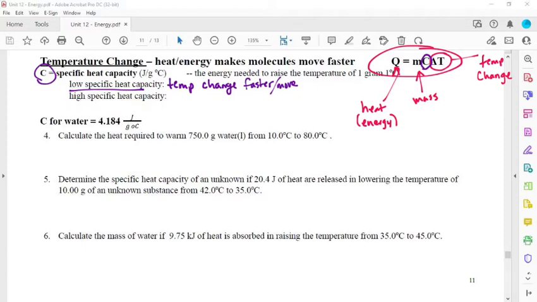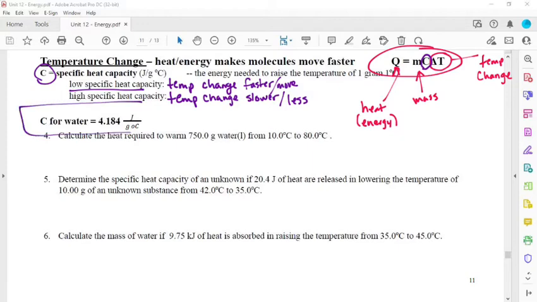They can handle more heat and contain more heat before they have to change temperature. So if we add the same amount of heat to all of them, then the temperature change will be slower the larger that specific heat is, or overall it will change less temperature because it can absorb more heat before it changes.